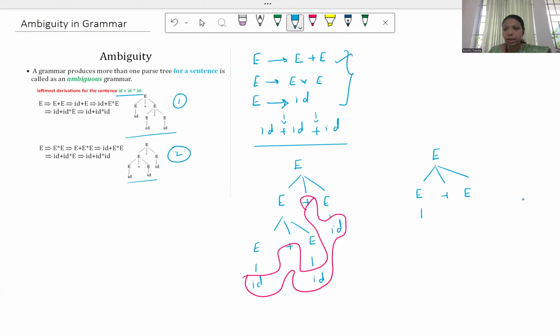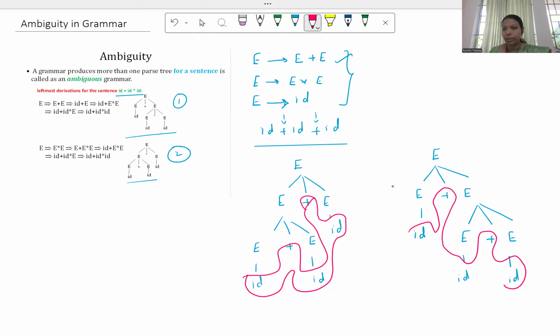This time I'm going to derive this E to ID, and this E I'm going to further derive to E plus E. Then I'm going to derive this as ID and then this as ID, which is derived using this context-free grammar. Now if you look at this, again I got the same output string ID plus ID plus ID.